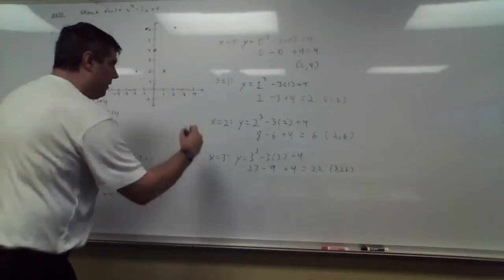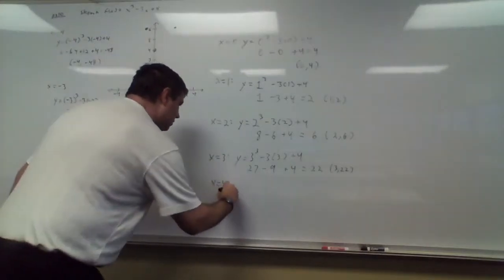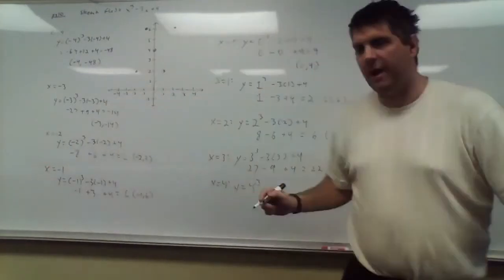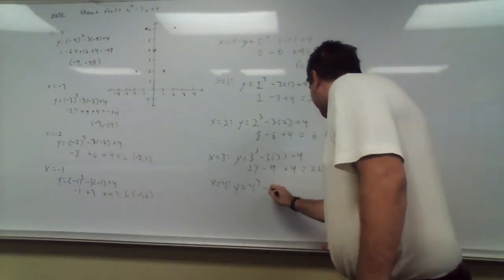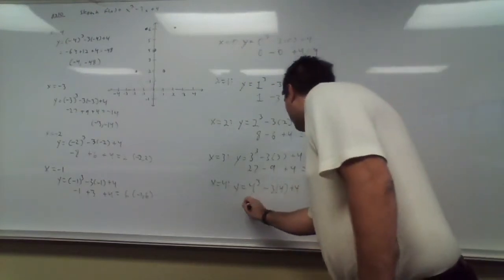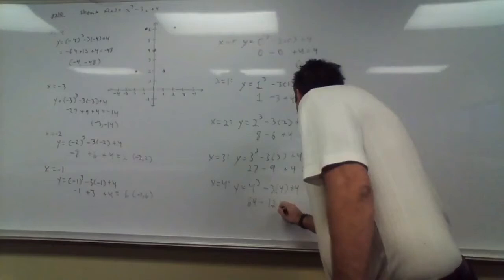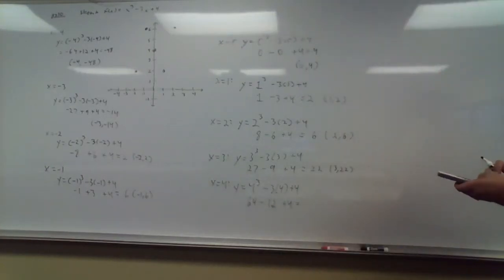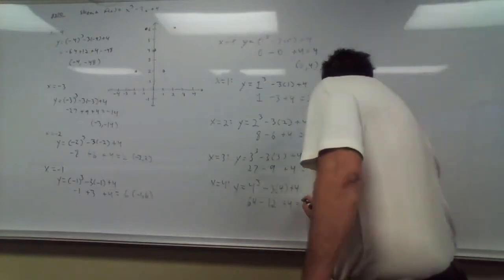And then finally we'll do X equals 4. Y equals 4 cubed minus 3 times 4, and then plus 4. That's 64 minus 12 plus 4, 56.